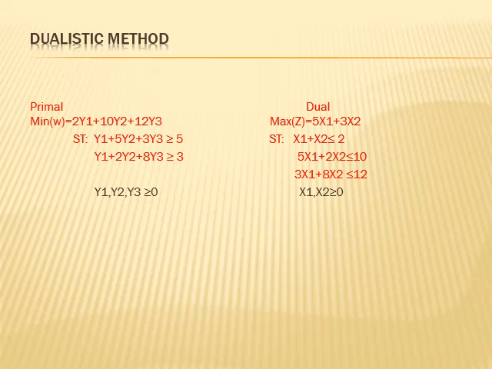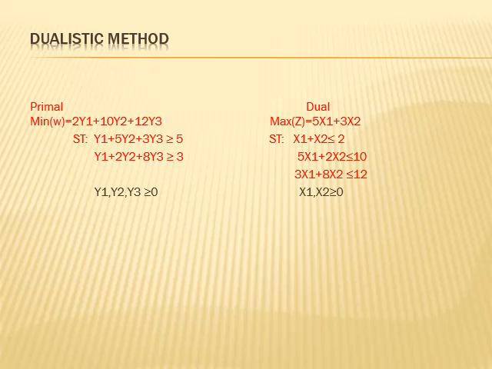The second constraint, 5x1 plus 2x2 less than or equal 10. What is 10? 10 is the coefficient of y2. 12, 3x1 plus 8x2 less or equal 12. What is 12? 12 is the parameter of the variable y3.